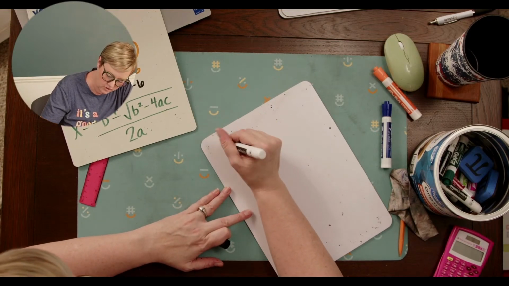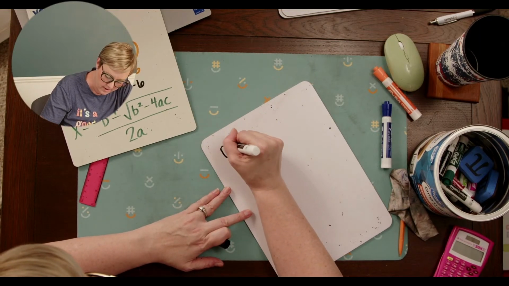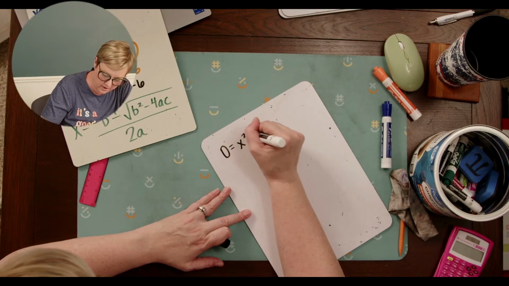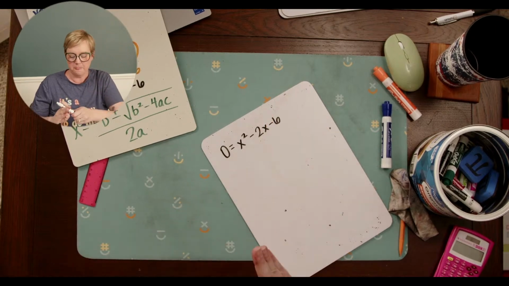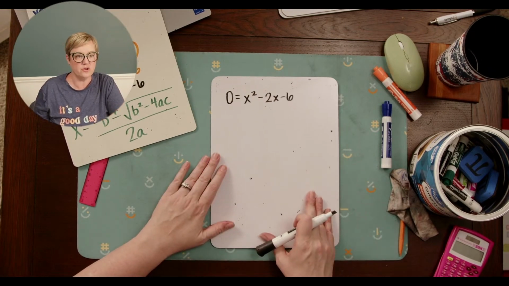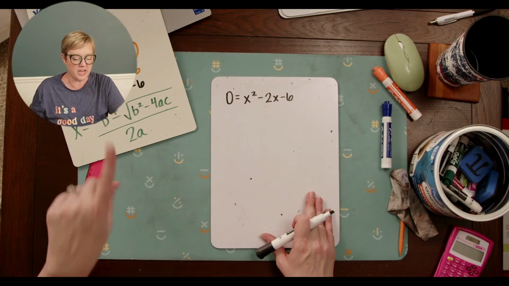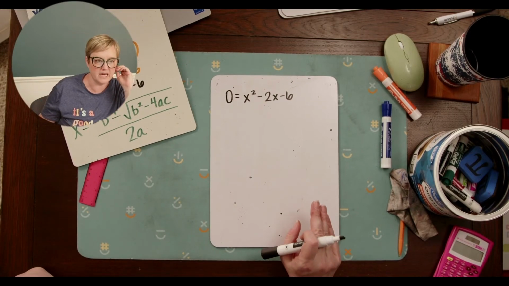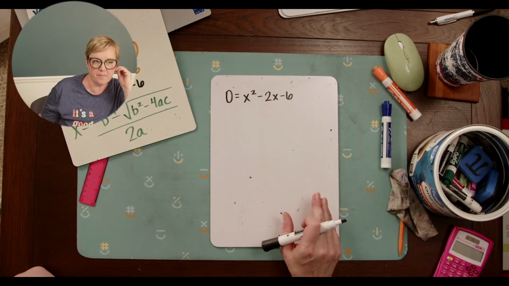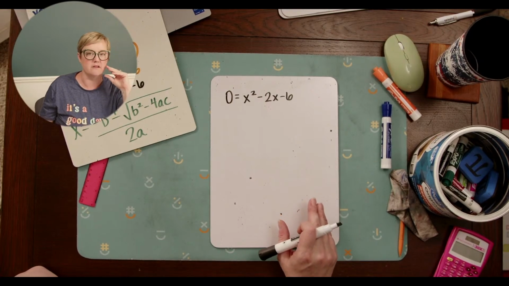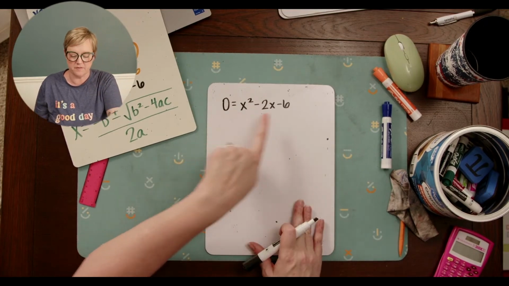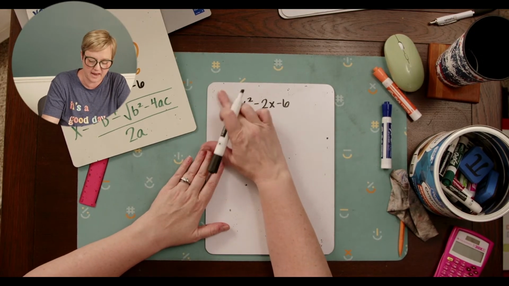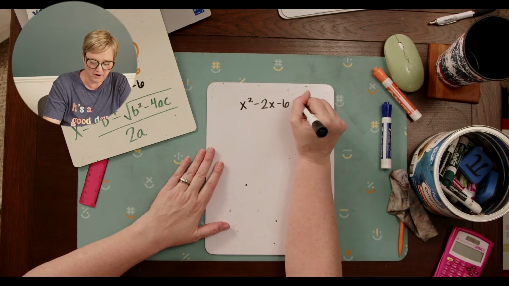I'm trying to solve 0 equals x squared minus 2x minus 6. On this one in particular, I probably would have done completing the square because quadratic formula can get really confusing. So I'm going to flip this so the zero's over on that side. Just preference.